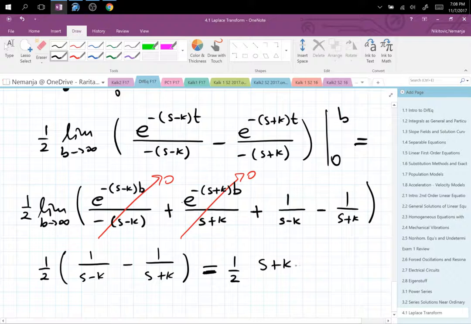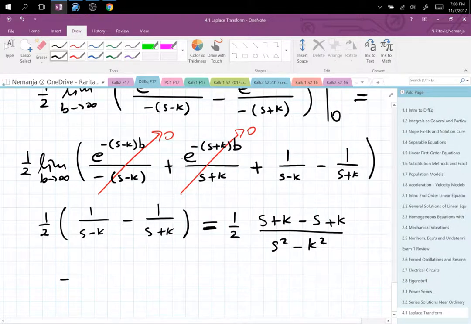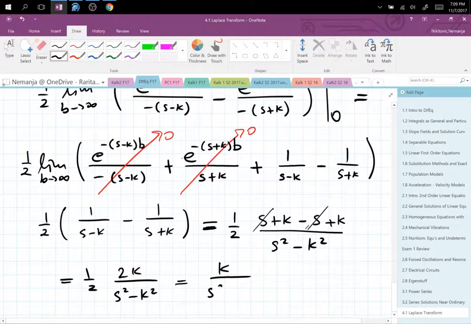So s plus k minus s plus k, right? Divided by s squared minus k squared. So it's 1/2, yes, s dies, and you have 2k over s squared minus k squared. The 2's cancel out, and you get k over s squared minus k squared. Bueno.